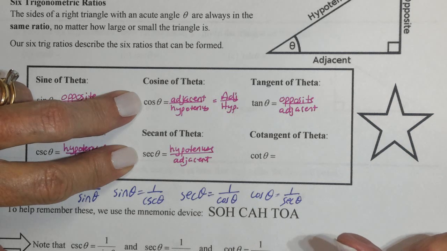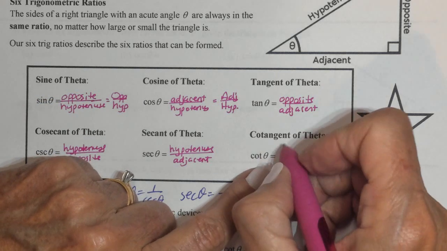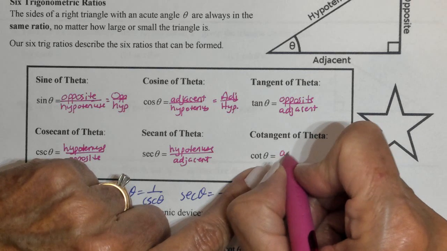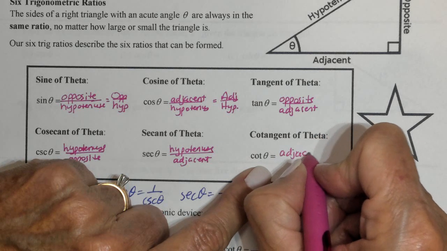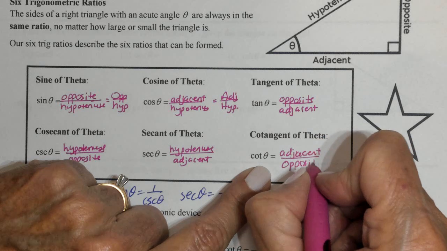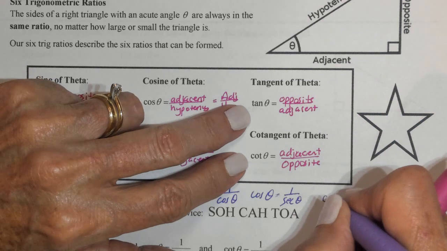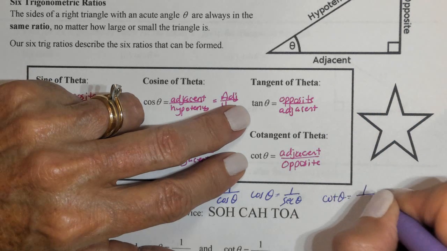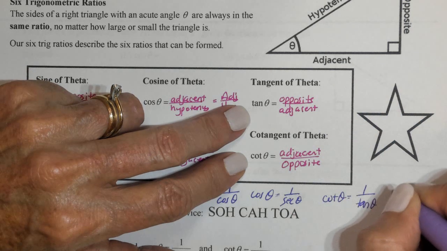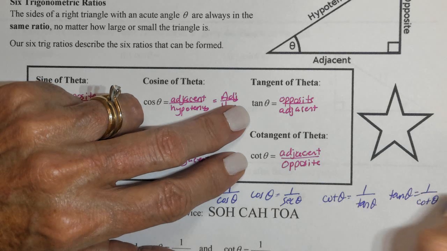They are not inverse functions. And the last of our trig ratios is cotangent, and that is adjacent divided by opposite. It is the flip of tangent. So cotangent is 1 over tangent, and tangent is 1 over cotangent.